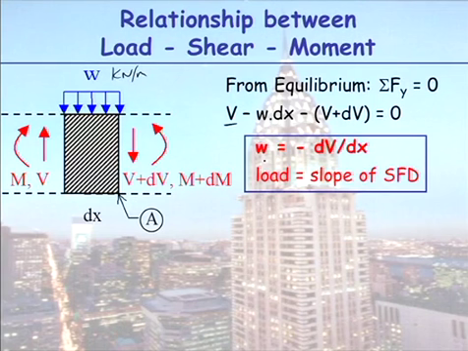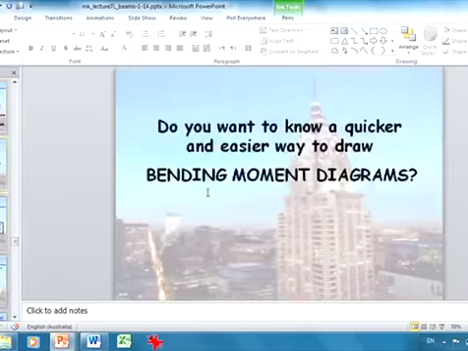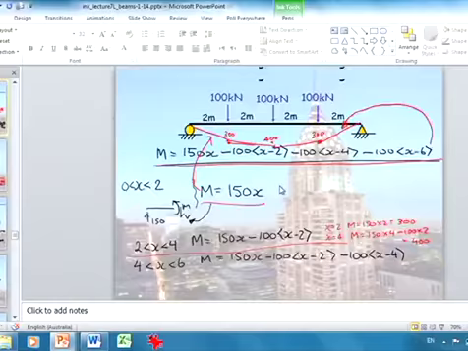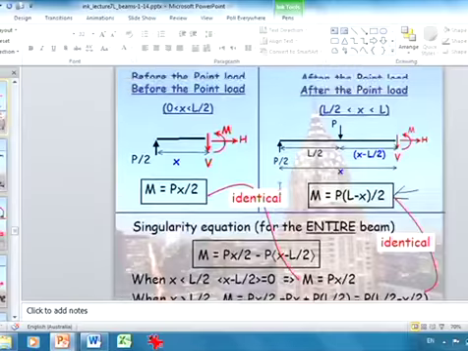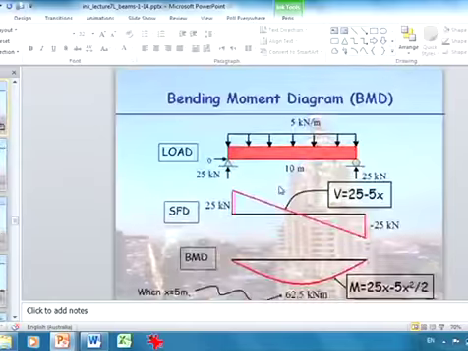Now, what do I mean by that? I'm just going to jump back. Remember that load is equal to the slope of the shear force diagram. I'm going to go back to where we drew this shear force diagram.